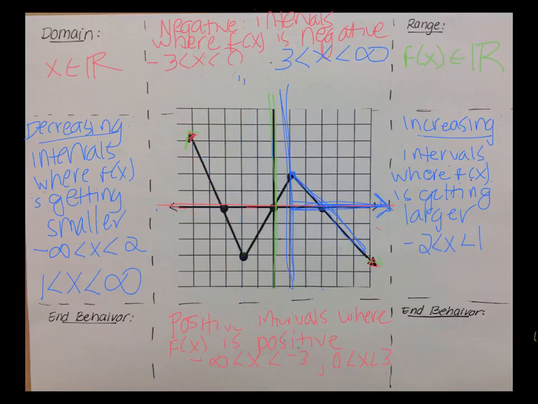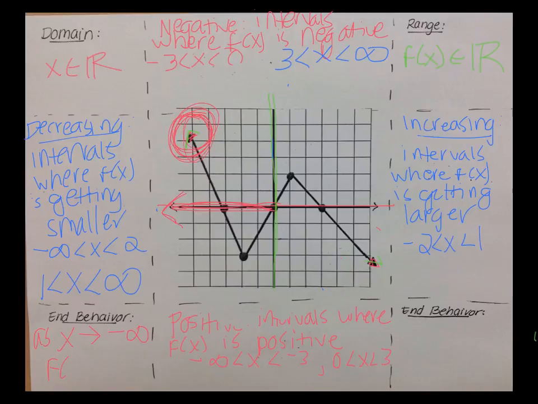Now we'll talk about end behavior. End behavior is what the function's doing at its ends. So we have two ends. We have this end of the function, and so on this end of the function, this is heading towards -infinity. So for end behavior, we say as x is going towards -infinity, what's the end of my function doing?